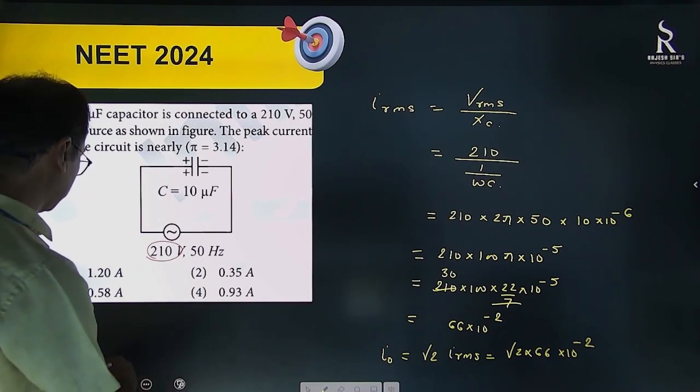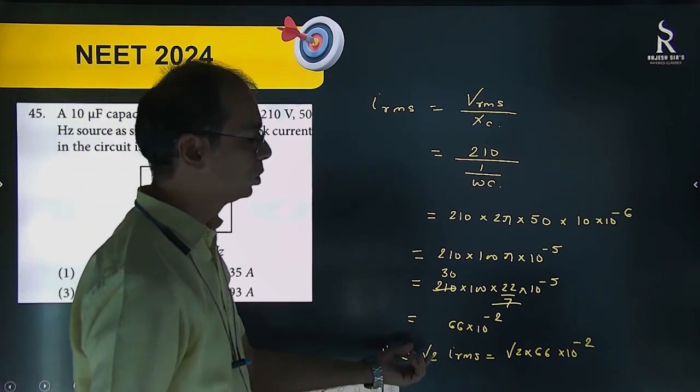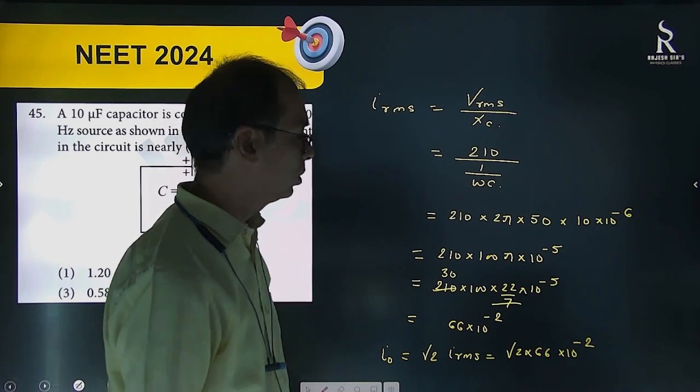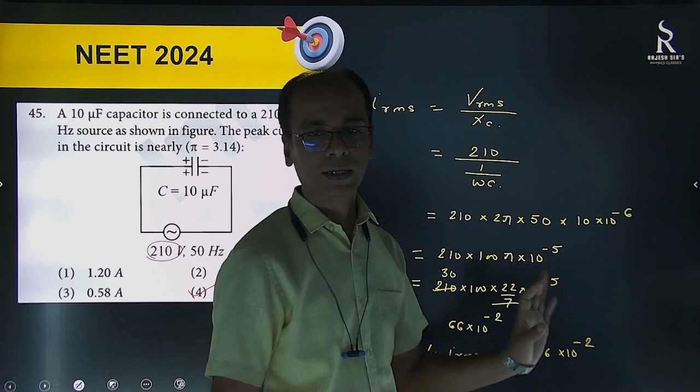So 0.93 will come. How? Because root 2 is approximately 1.4, so 1.4 into 66 will come somewhere around 93, 94.